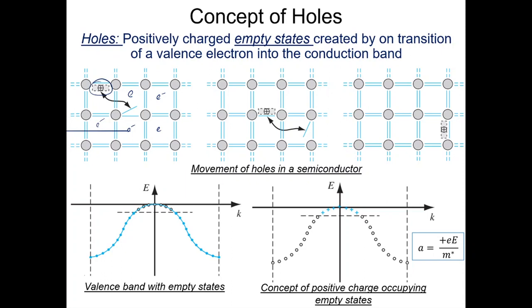Now this bond got broken because of a finite temperature across the system. The same bond has a finite probability of again occupying an electron. In other words, the same bond has a probability of again bonding with the adjacent atom if it can occupy an electron from some other bonded state, and that's what happens.